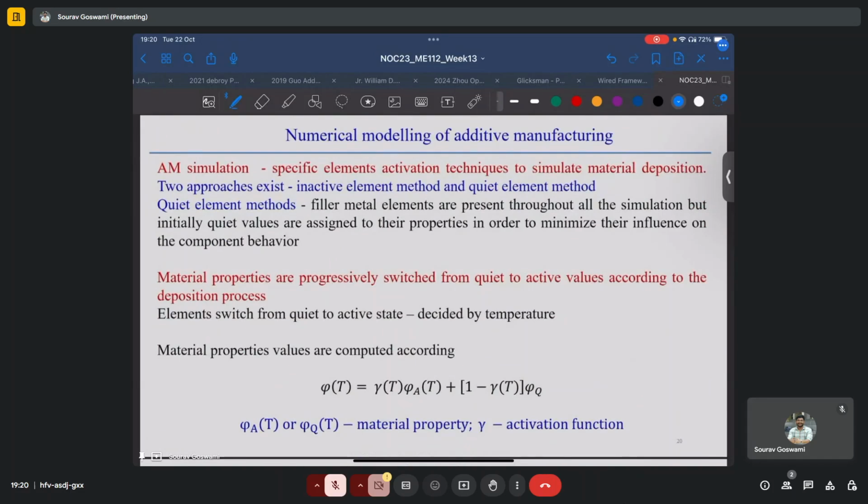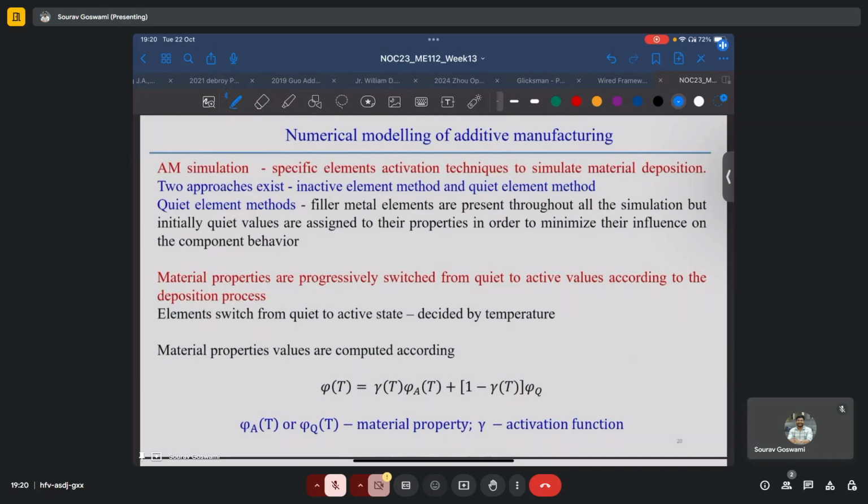As we were discussing, we may need to activate or deactivate elements to simulate the material deposition, and two approaches exist. One being the inactive element method and the other being the quiet element method. The quiet element method has been discussed here, and in this case, the filler metal elements are present throughout the simulation. We are already describing the final build geometry.